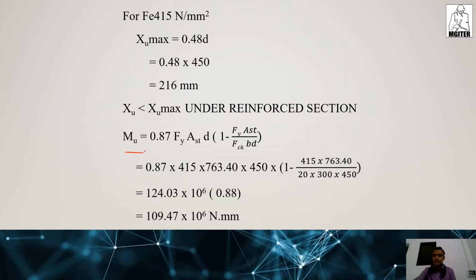So here is the equation Mu to find the moment of resistance: 0.87 fy Ast d into 1 minus fy Ast over fck b d. Remember this equation. This is the equation to find the moment of resistance for the steel. So put down all the values: 0.87, fy 415, area of steel, depth 450, fck 20, width and depth.